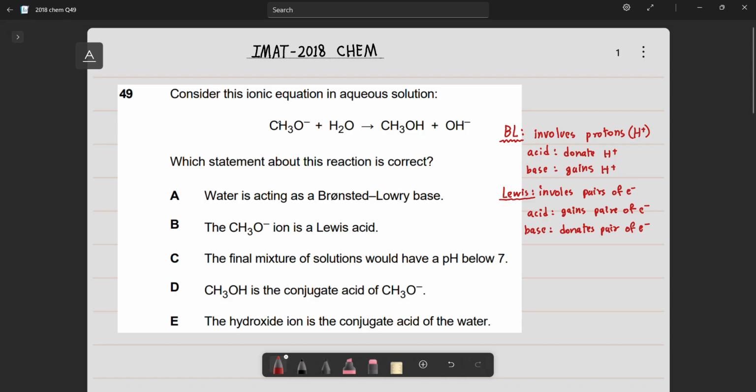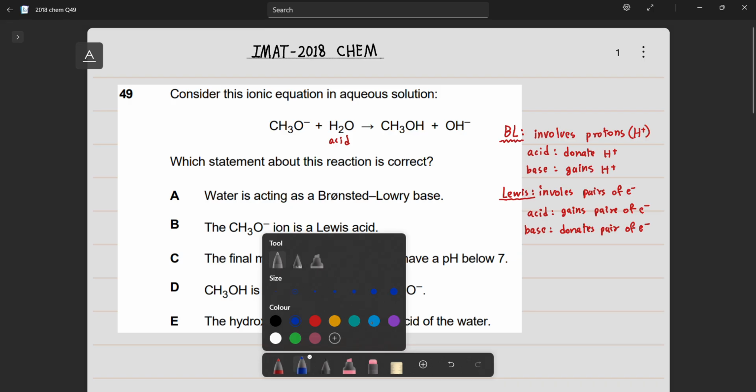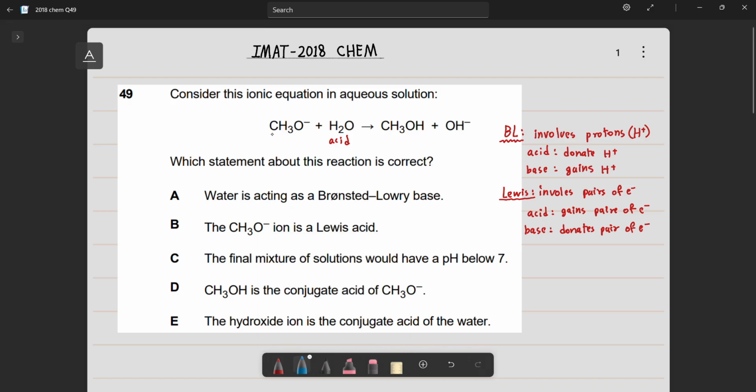First of all, we have to mention that water, by nature, is defined as amphoteric. In this case, since it's reacting with the methoxide ion, it will act as an acid, whereas the methoxide ion will act as a base because it donates its electrons and gains a proton from the water.